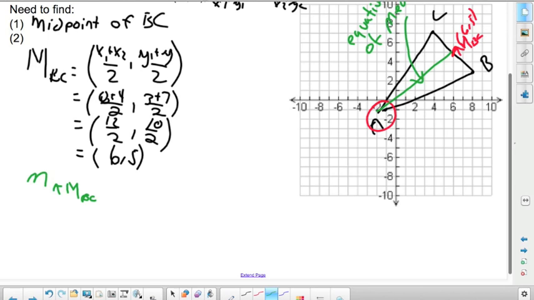M, A, M, B, C. This part is a subscript of that, and this part BC is a subscript of the big M. It did come out nice on the smart board. It's a subscript.